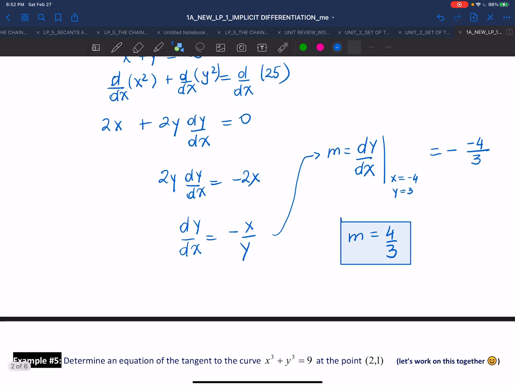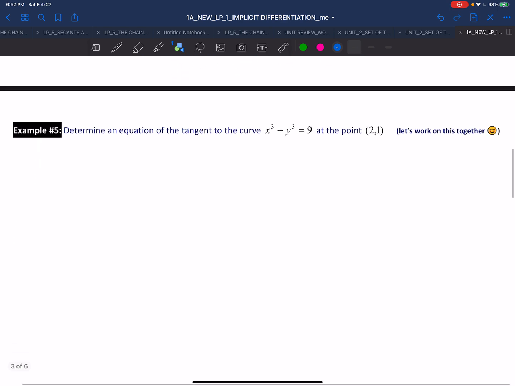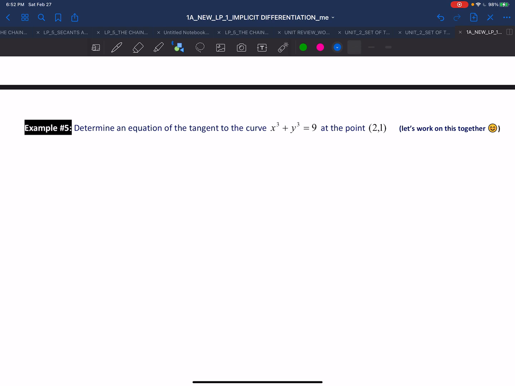All right, moving on to another example very similar to what we just did, but this time we have x and y to the power of 3, and we want to find the equation of the tangent this time. So we're going to take the question a little bit further, so not just finding the slope but the tangent as well, which means that to find the equation of the tangent, we're going to have to determine something in the form y equals mx plus b.